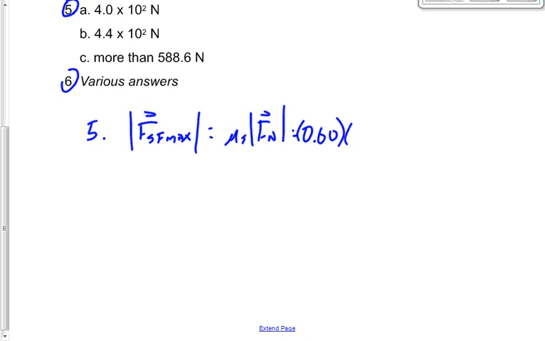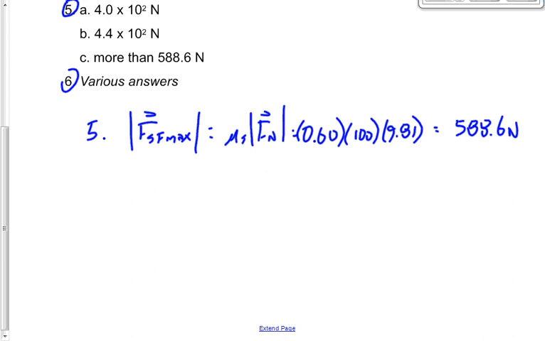It's 100 times 9.81. Multiply those together, we get 588.6 newtons. So we're pushing with 400. The maximum force of static friction can be 588.